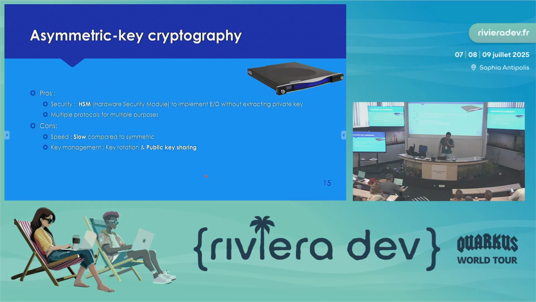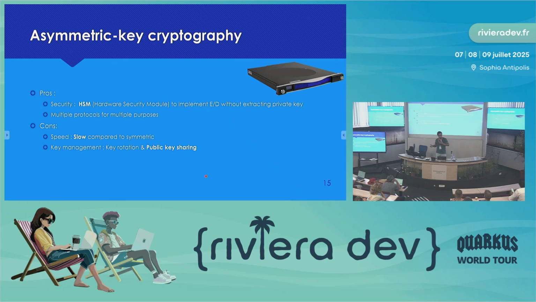So the pros and cons of public key cryptography. There is also hardware implementation. It is not as fast as the symmetric one, but this one has another property: this hardware, you buy it, you will generate the private key inside the hardware, and the private key will never leave your hardware.